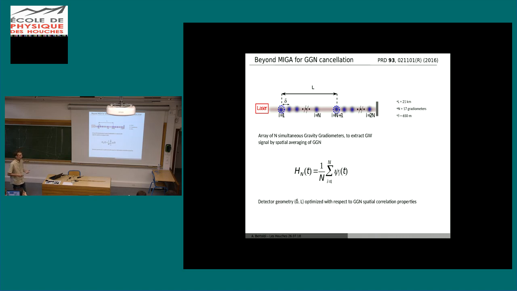We consider a much more complex configuration where we consider not only a third mass, but repetition of the gravity gradiometer several times. Here, for example, you consider 17 gradiometers, spaced 21 kilometers.